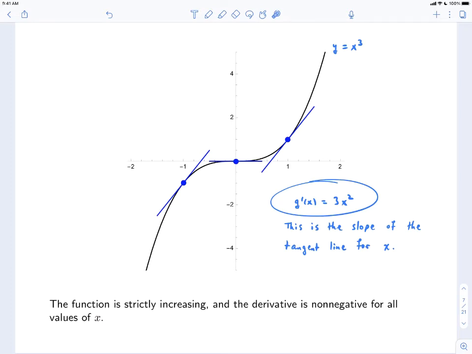This corresponds to the fact that this function is increasing. The function g of x equals x cubed is an increasing function over the entire real line. And because of that, the derivative is always non-negative. It's 0 at this one spot at the origin, but other than that, it's strictly positive.